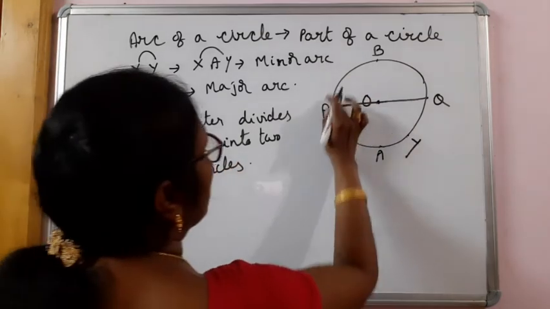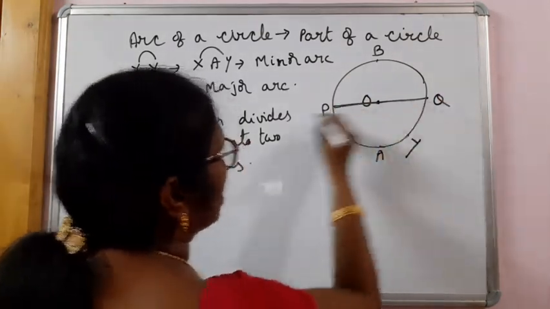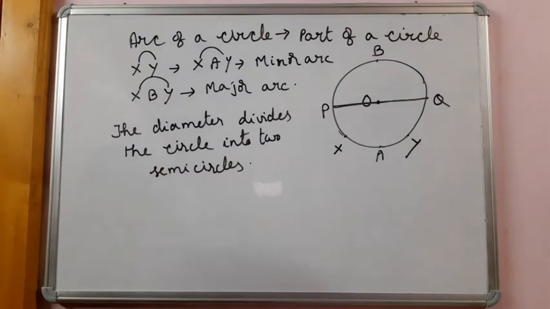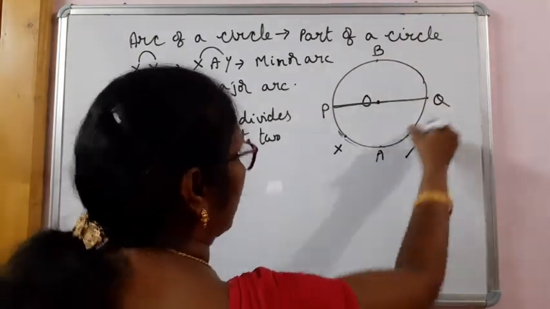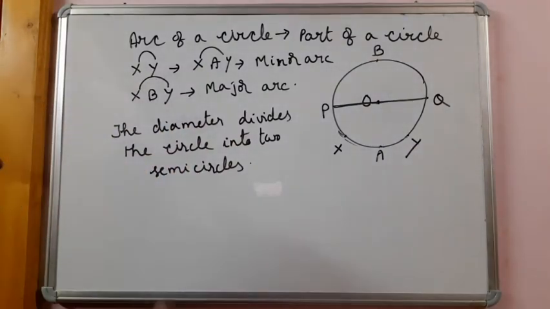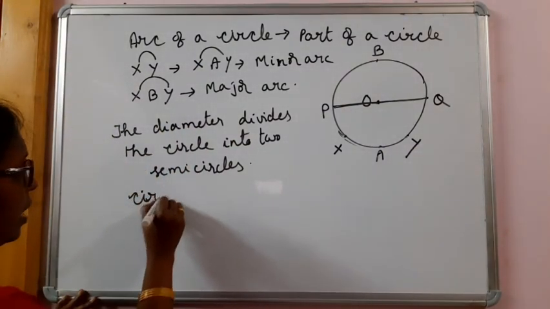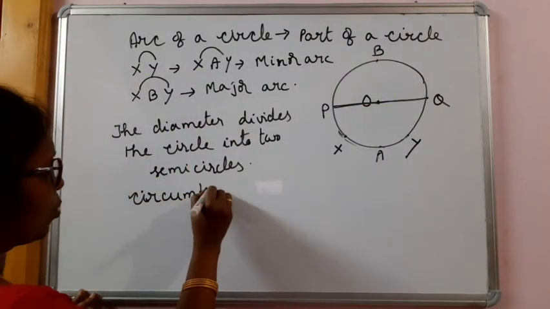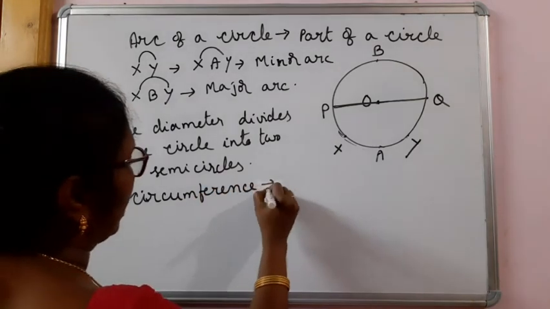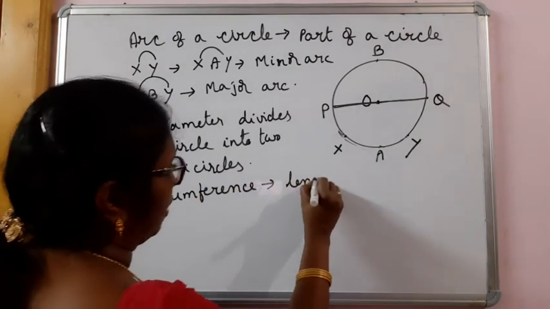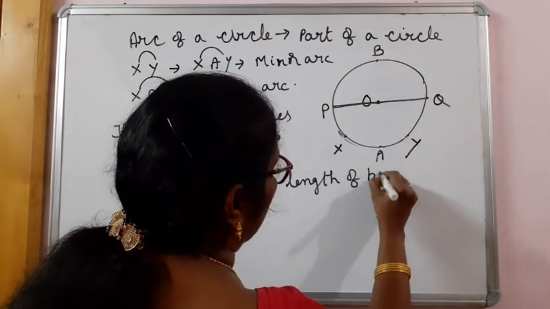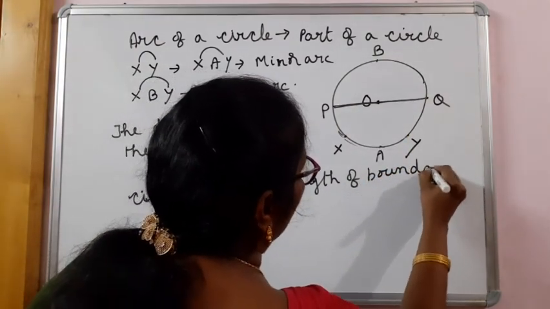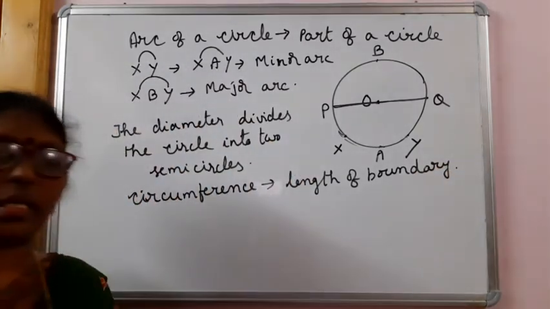Okay? This is one semicircle and this is another semicircle. And the total length of the boundary of the circle is known as the circumference of the circle. Circumference means the total length of the boundary.